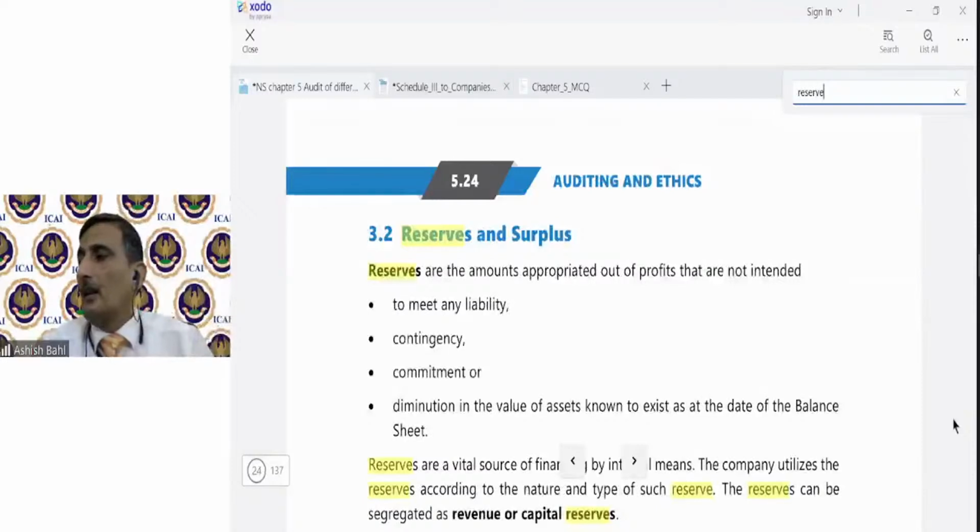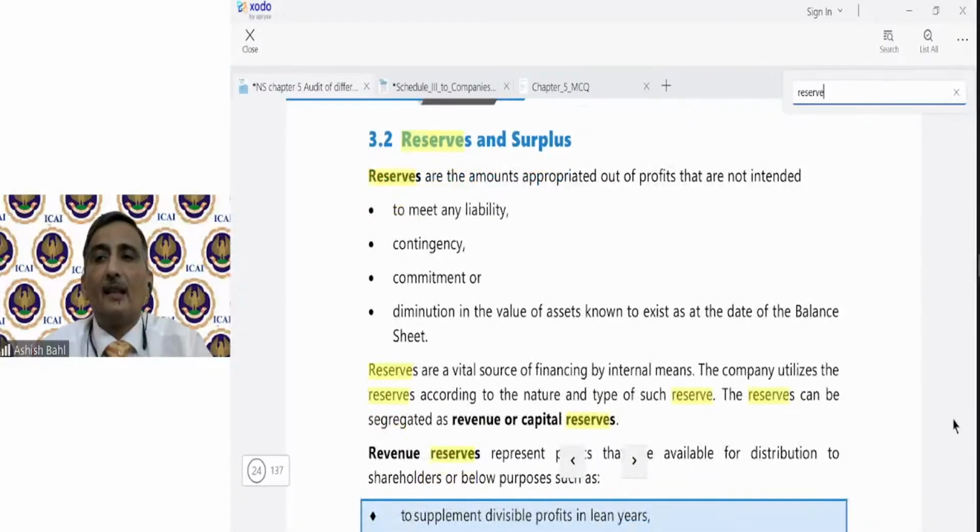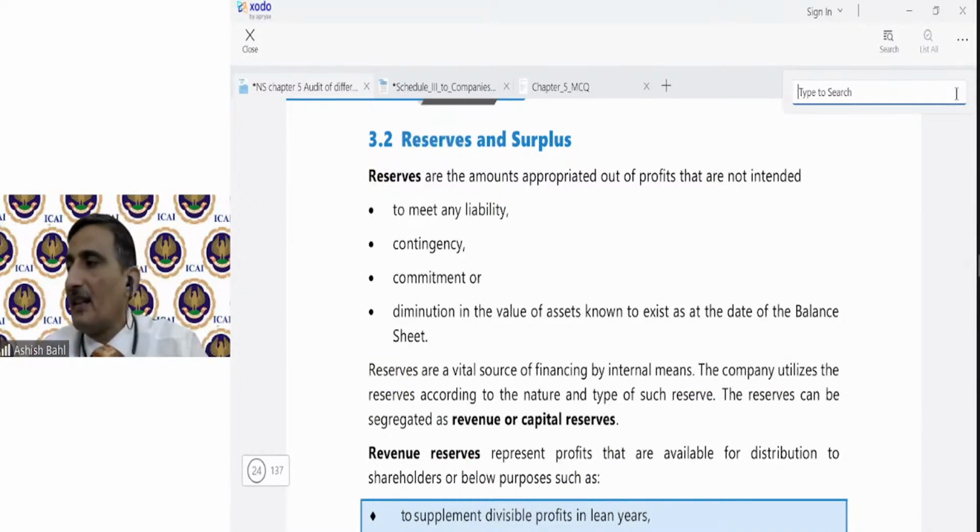We are at page 5.24, reserve and surpluses. This is also an item you find in the financial statements of a company.